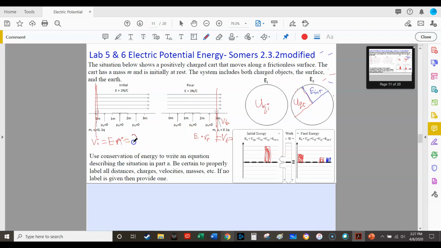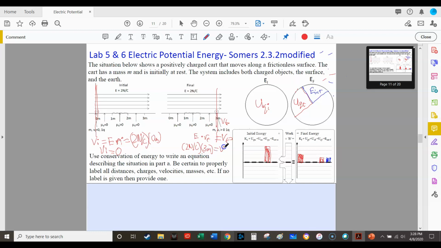Well, the electric field is 2 newtons per coulomb, and the initial position is 0 meters, which is going to be weird, but our initial voltage is 0 volts, which sounds like it has no initial energy. But that's going to get taken care of when we calculate the change in voltage, right? Here in the end, it's got 2 newtons per coulomb, and the final position is 3 meters.